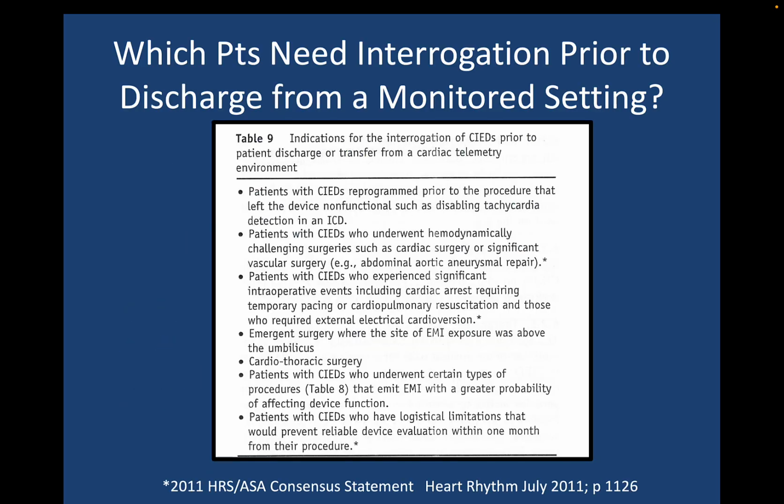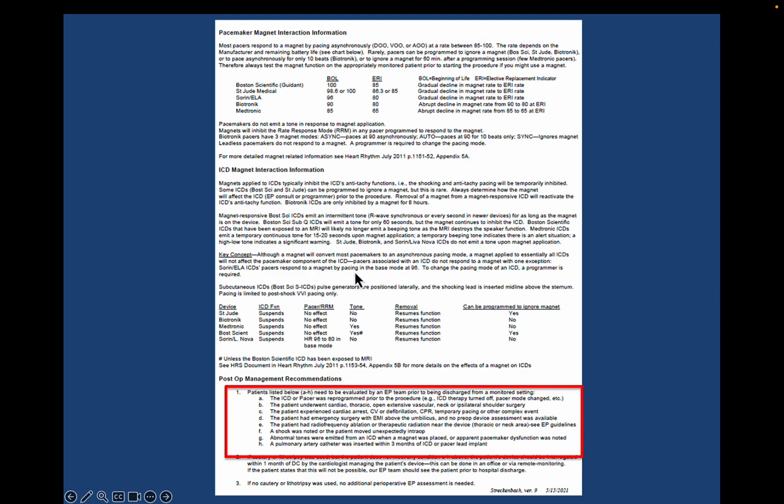Now, this list comes directly from the HRS ASA consensus statement, but you don't have to go look for it there. If you look at the back of my preoperative evaluation form that you should have all received, you can see all of those indications under the postoperative management recommendations.